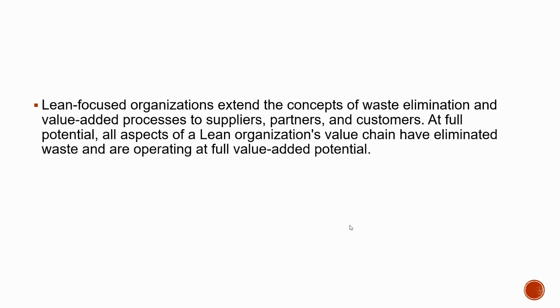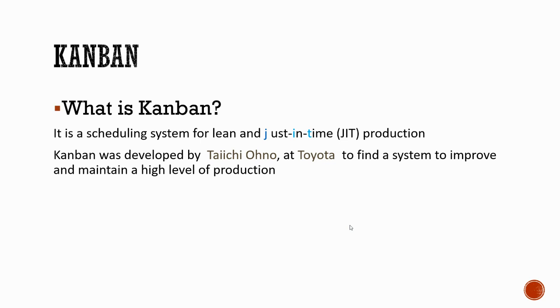Lean focused organizations extend the concepts of waste elimination and value added processes to suppliers, partners, and customers. At full potential, all aspects of the lean organization's value chain have eliminated waste and are operating at full value added potential.